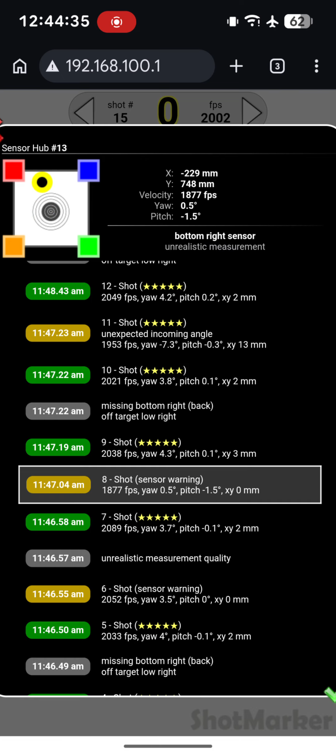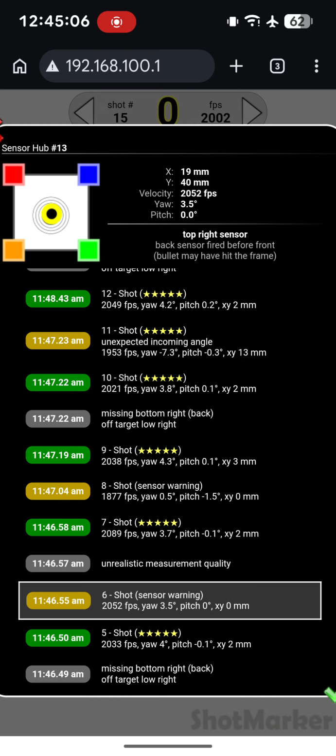There's not an angle warning on this one, but there is an unrealistic measurement warning for the bottom right sensor. That means that the time it recorded hearing the sonic crack doesn't make sense. That could be because it heard the sonic crack from a different shot, from a different target.